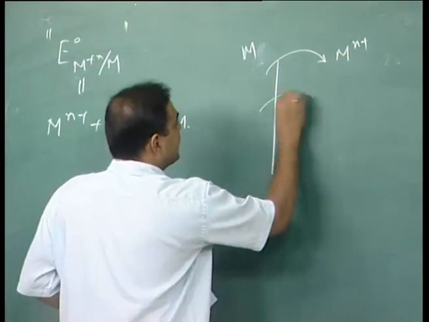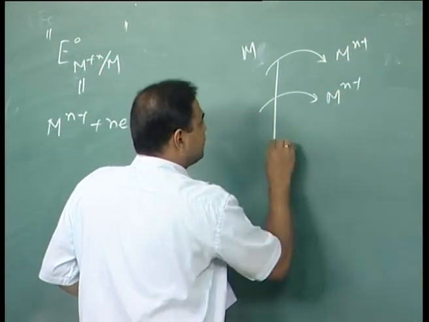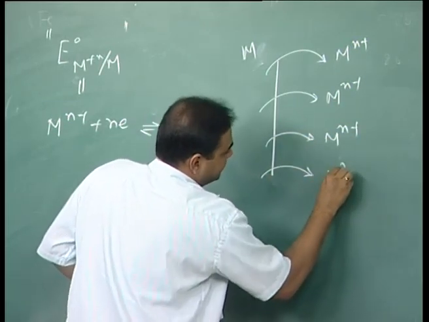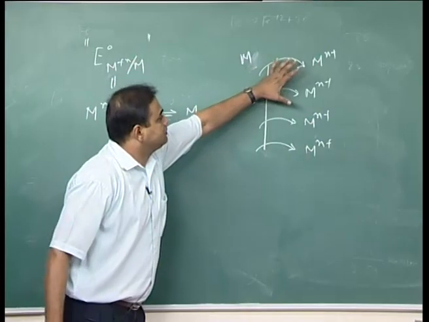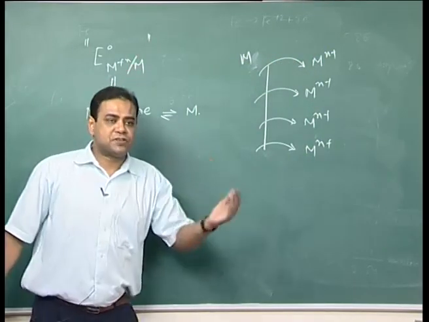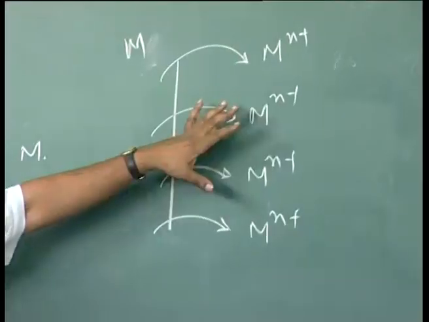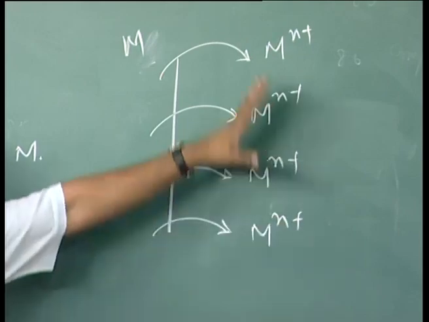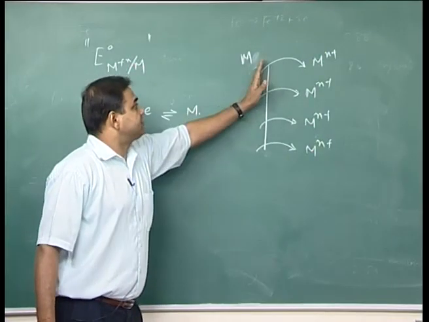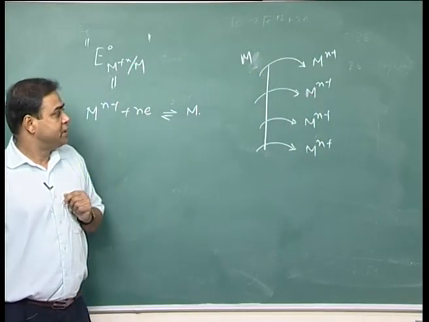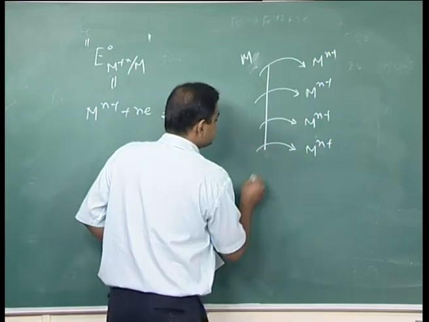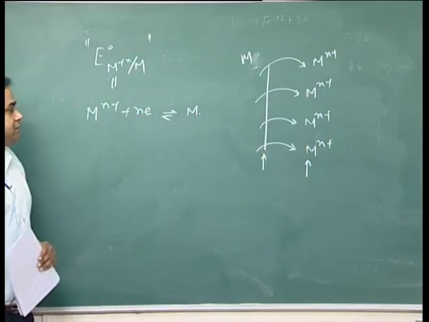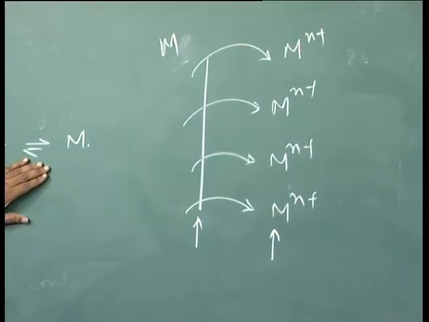So, like that you can have M n plus, M n plus, M n plus. Over the entire exposed surface, you can have a section where you have the M n plus ion layer, and on the other side it is the metal surface. Now, you have two sections, one is the metal section, one is the positive ion section, and there is an equilibrium.